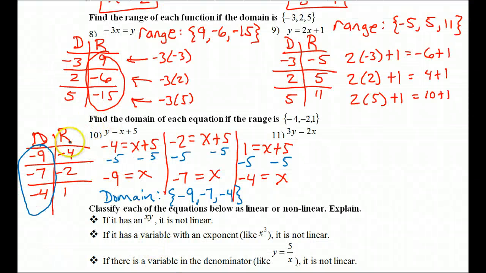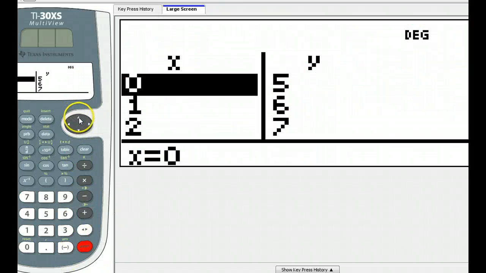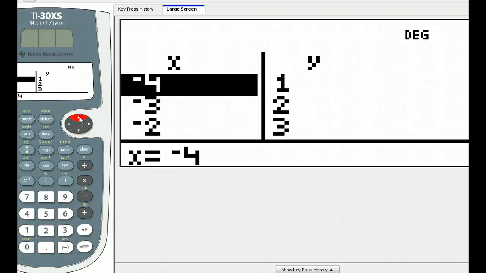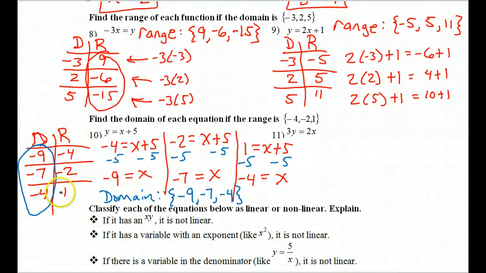Now, we were given range values like -4, -2, and 1. So I can kind of scroll around and look at these range values. There's a range value of 1. Look, the domain value is -4. Then we have -2 coming up.